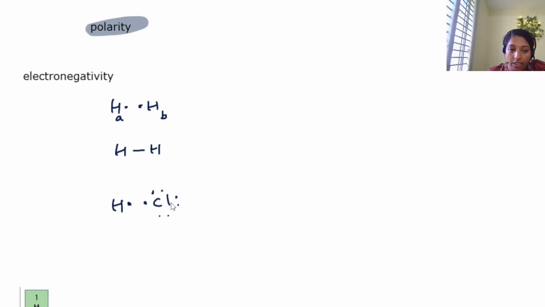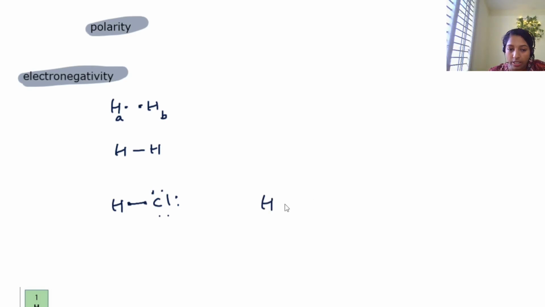Chlorine has a higher dragging capacity than hydrogen. This dragging capacity is chemically called electronegativity. So chlorine has a higher electronegativity than hydrogen.